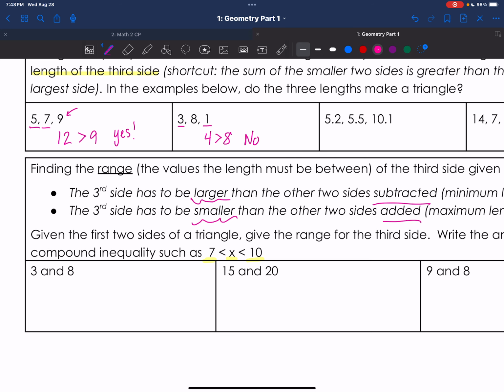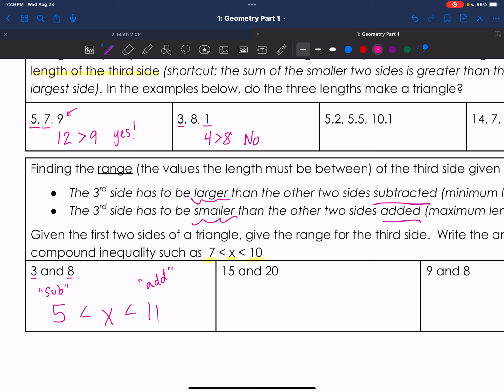So let's go ahead and try this first one. If you were to add 8 plus 3, that would be 3 plus 8, so that's 11. I'm kind of doing this backwards. That's when you added. And then for subtract, you would get 5. You put your variable in the middle, and then you make an inequality.